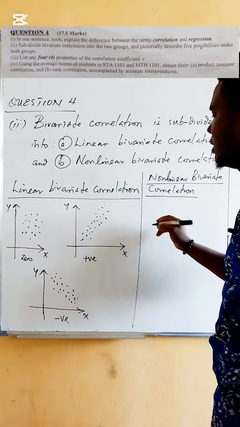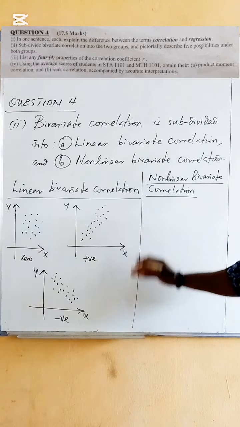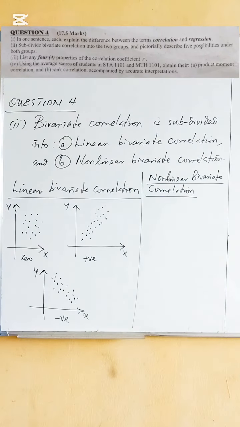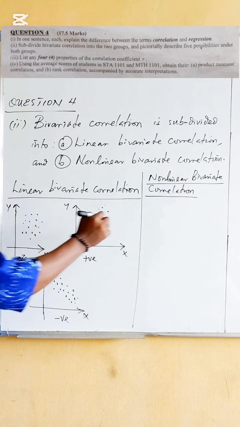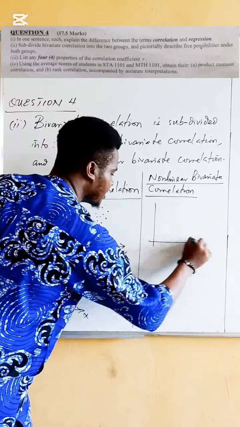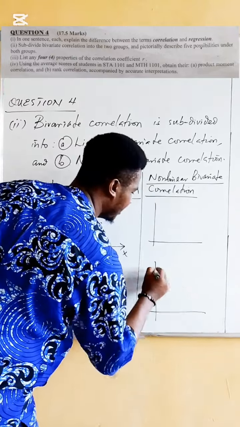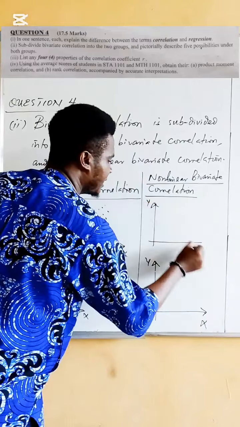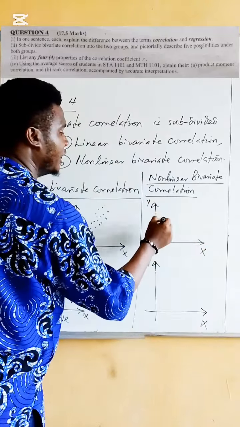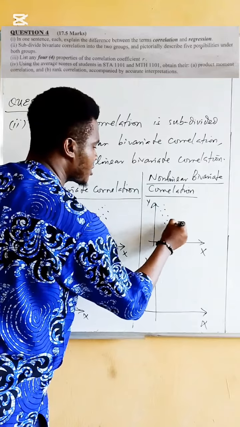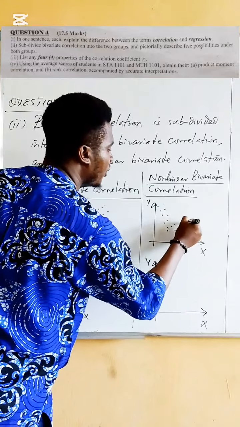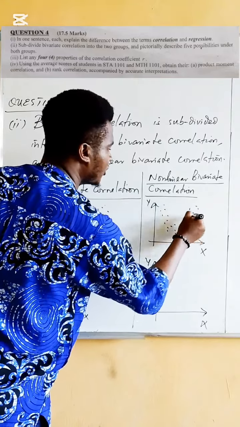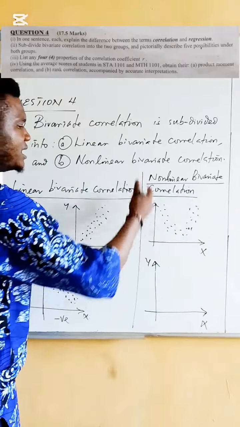Coming over to the nonlinear bivariate correlation, we have two cases. You have two variables, Y and X, and it could happen that the plotted points appear to follow a curve-like pattern, such that the curve is convex.